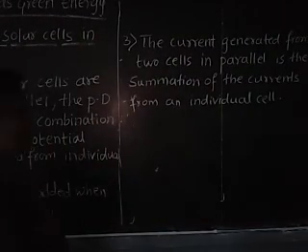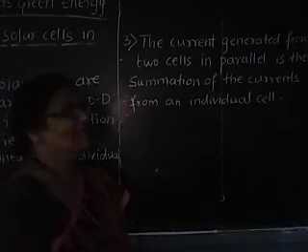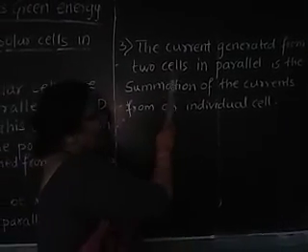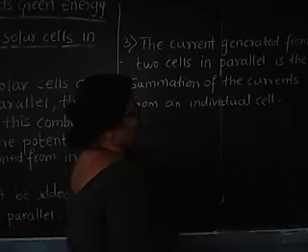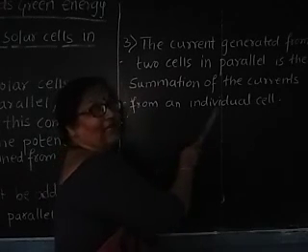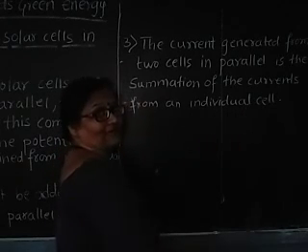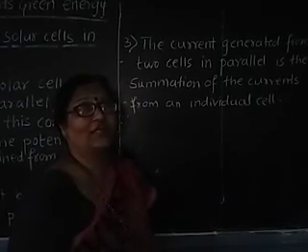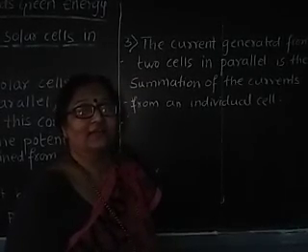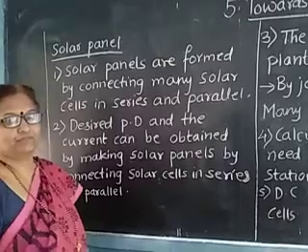Here we are seeing that we cannot add the PDs, but we can add the currents from the individual cells. The potential differences are not added here. Only the current is added.